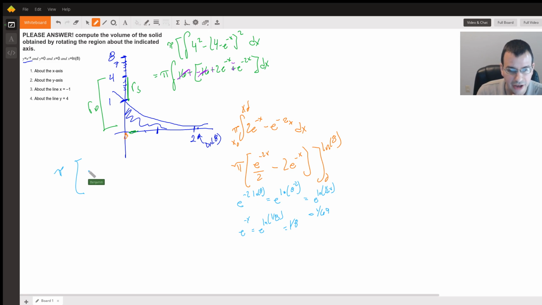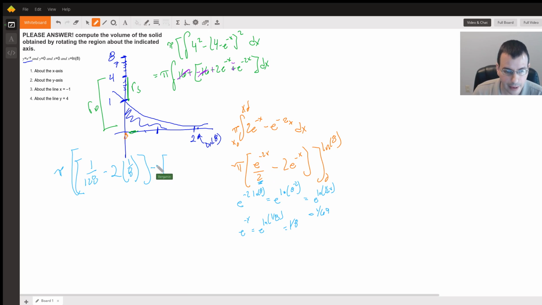So we will have, first one, e to the negative 2 times ln 8 is 1 over 64, but it'll be 1 over 128 because we also have this 2 involved, minus 2 times 1 over 8, which will become 1 over 4, minus the value at 0.